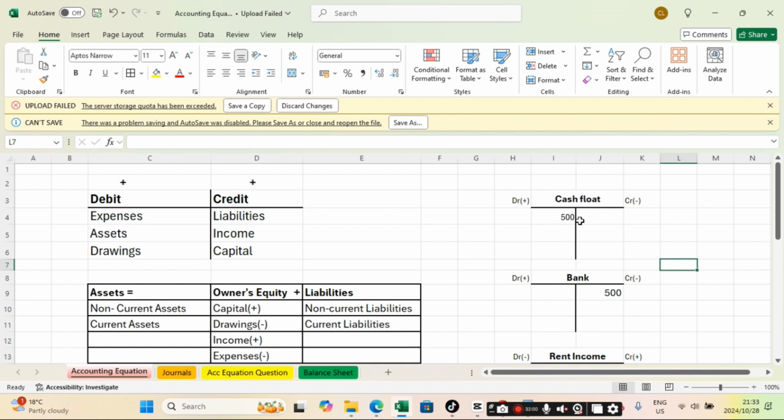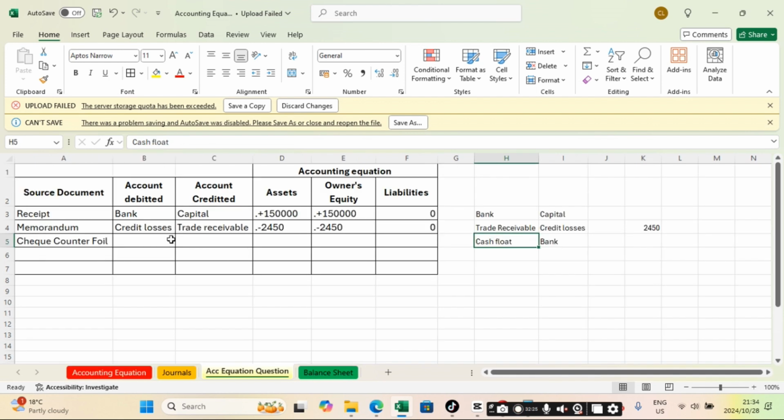So now the accounting equation. Cash float, is it an asset, owner's equity, or liability? We already said it's our asset, so our asset will be affected positively. Bank, is it an asset, owner's equity, or liability? It's also an asset, so it is affected negatively.